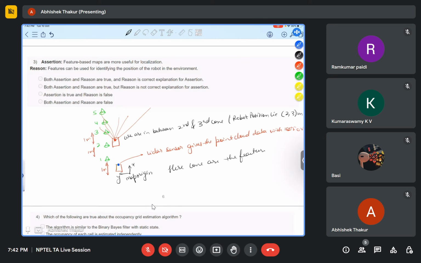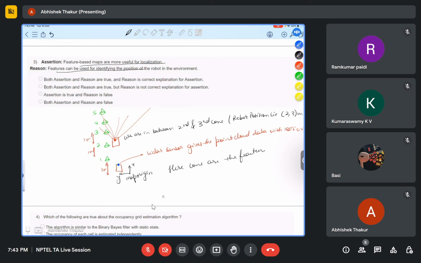So the first statement says feature-based maps are more useful for localization. Yes, if features are there, they help more in localization. And features can be used for identifying the position of the robot in the environment.